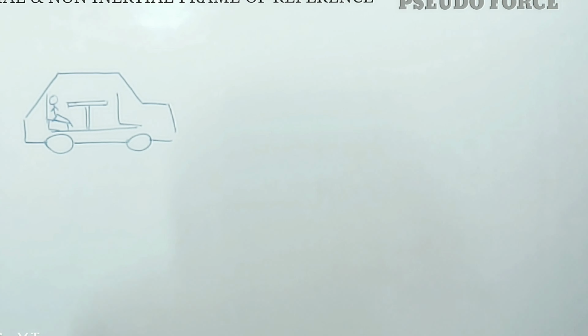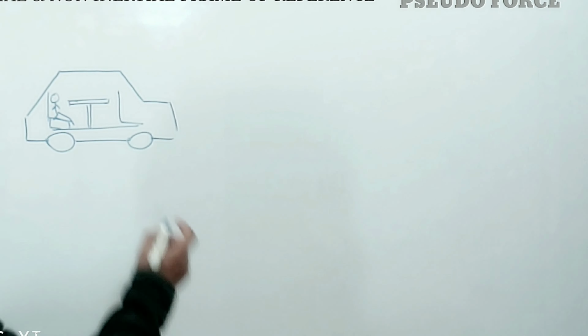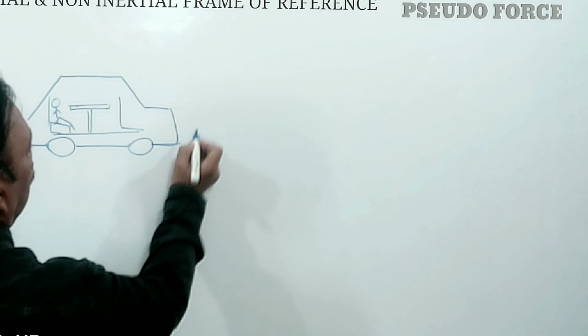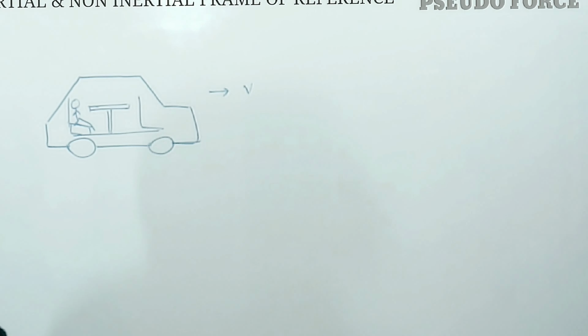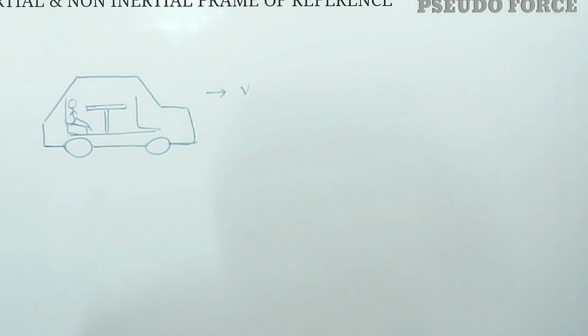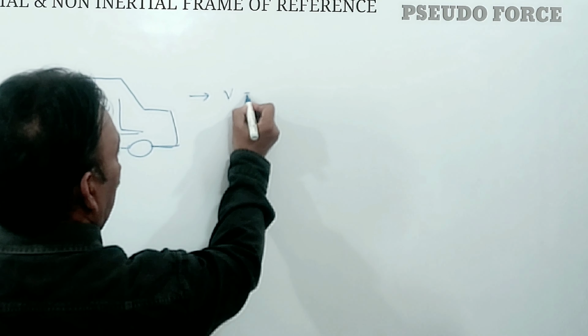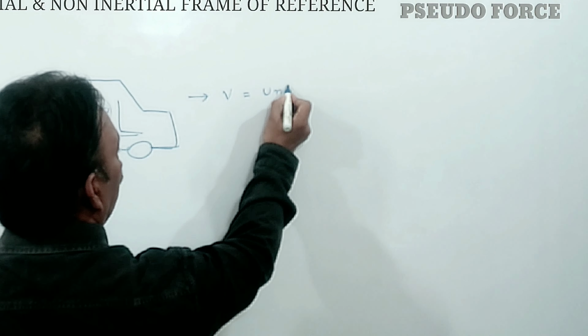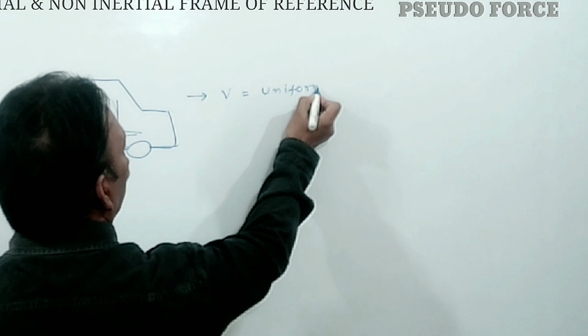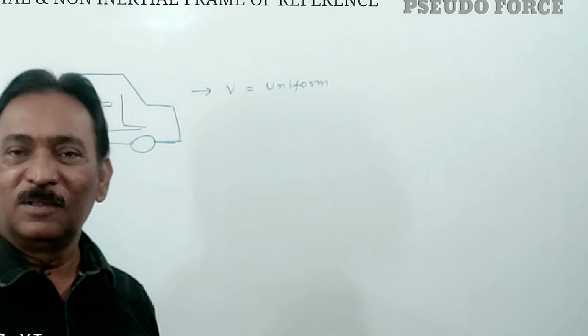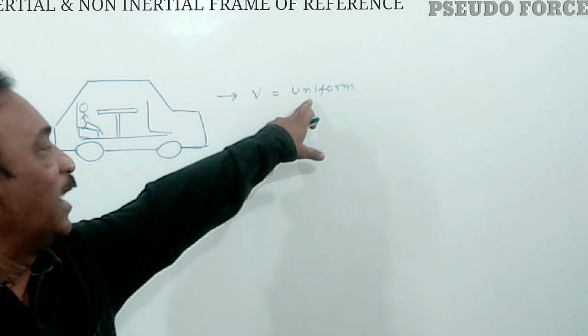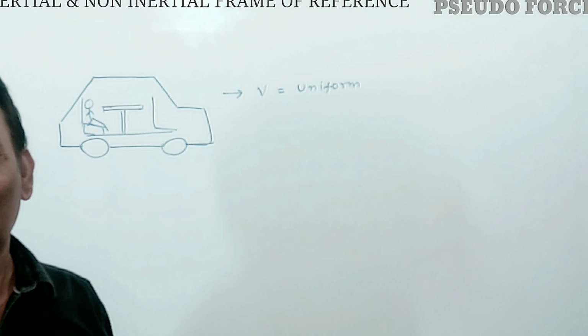Okay, students, this vehicle is moving with a velocity which is v. This velocity is uniform. Means what? Its acceleration is 0.